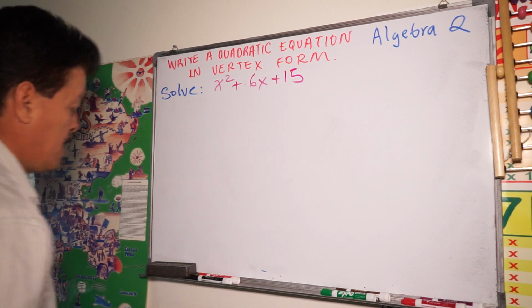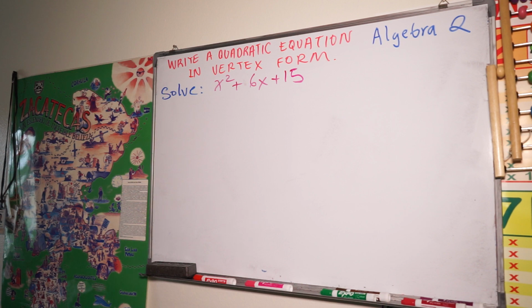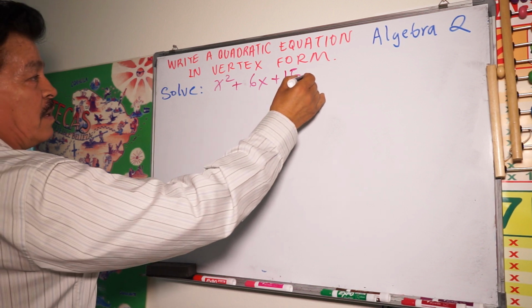All right, so like we taught before, we're going to first make the perfect square. We have to make a perfect square, right?